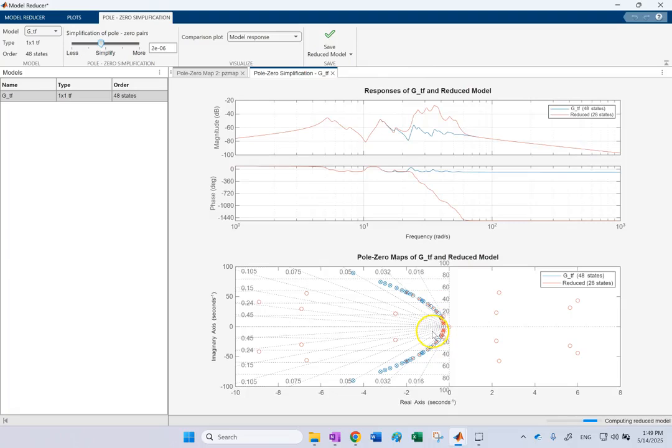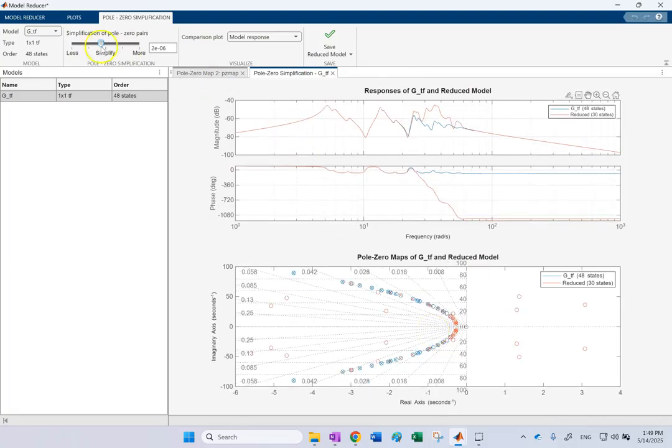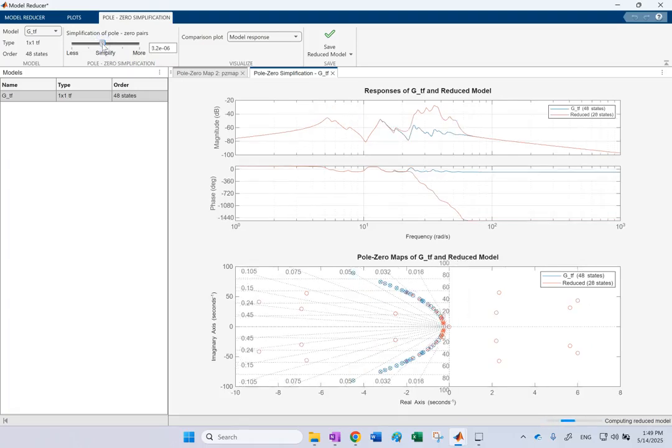I can see what I want to do, and I can decide which poles and zeros I don't want. Now here, you see, these are those locations of the poles and zeros, right? And the ones that you can basically have or not have depending on the value of this slider.